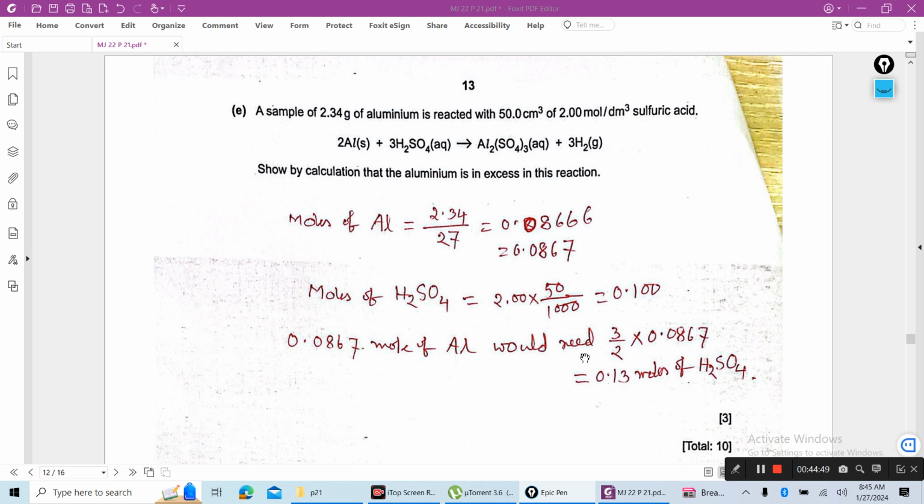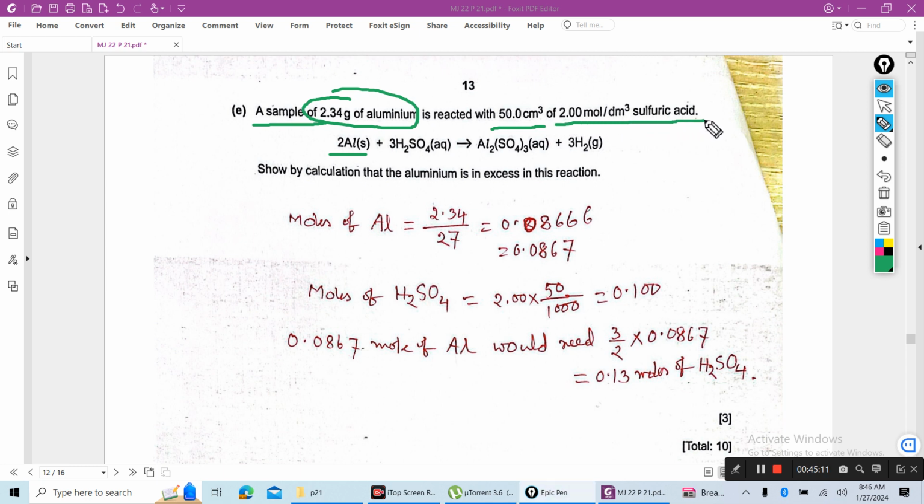Next, calculations. Here a sample of 2.34 gram of aluminum is reacted with 50 cm3 of 0.2 mol per dm3 sulfuric acid. Aluminum mass is given and sulfuric acid volume and concentration are given.